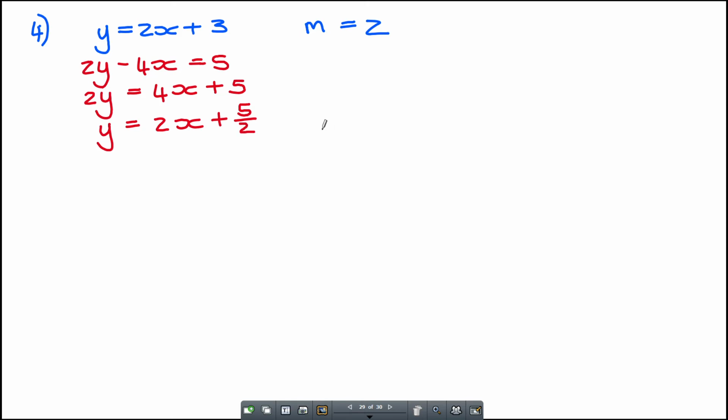So wat is sy gradient? What is the gradient there? Also 2. So what would you guys say? Are these two lines parallel or not? Yes. Want hulle gradiënte is dieselfde, né?